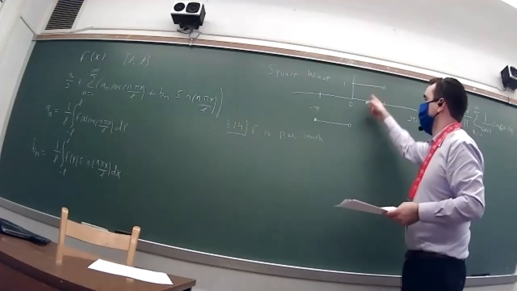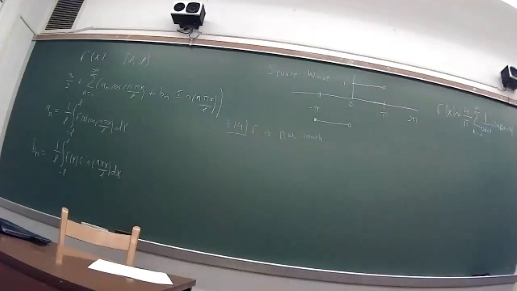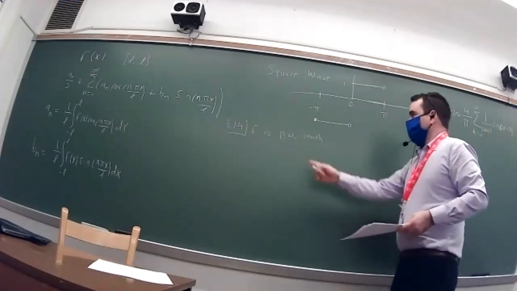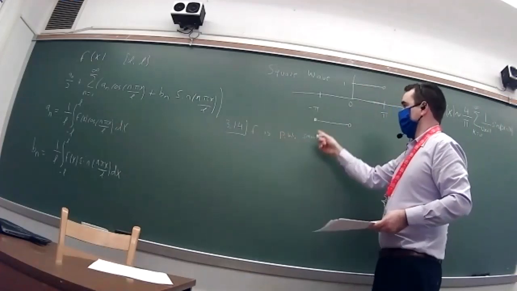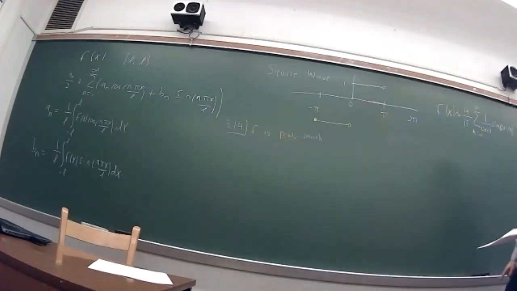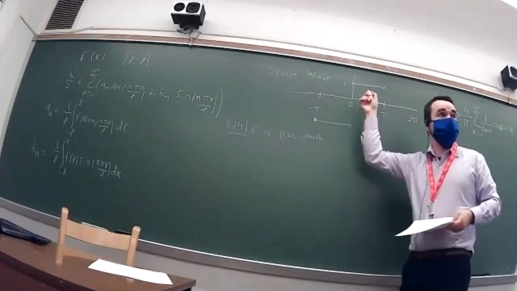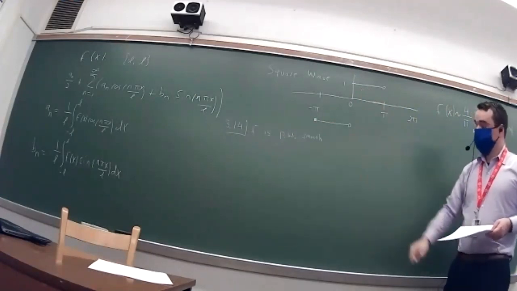So here's function f. If your function f is piecewise smooth, smooth meaning all derivatives of all orders exist, piecewise meaning you can partition the domain into a finite number of pieces, and when restricting the function to each piece, it is smooth, which is the case here.